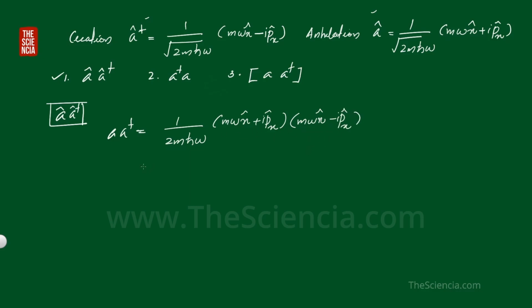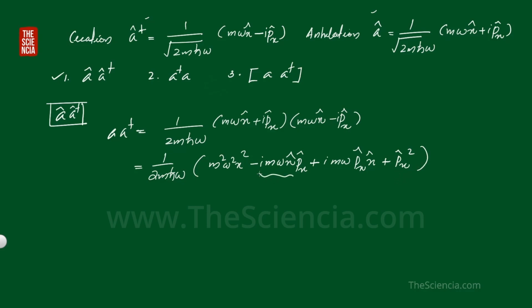Now we can multiply these terms. That is equal to 1/2mħω into m² ω² x² − i mω x cap p_x cap + i mω p_x cap x cap. Here the order of these operators is very important because all are operators. And minus i into minus i, that is plus p_x cap square.